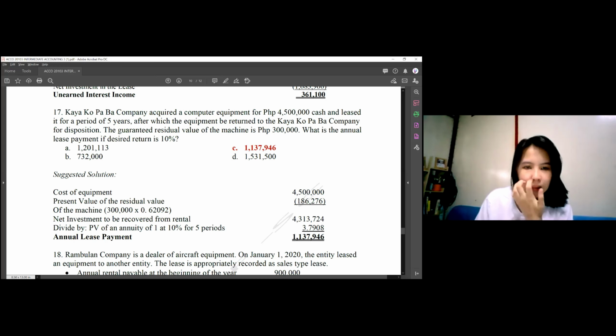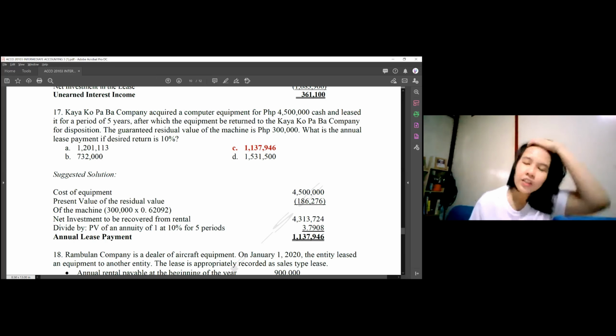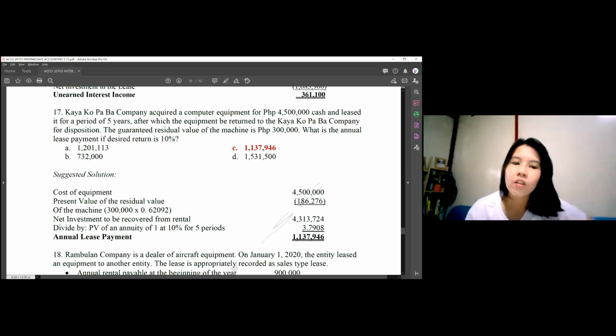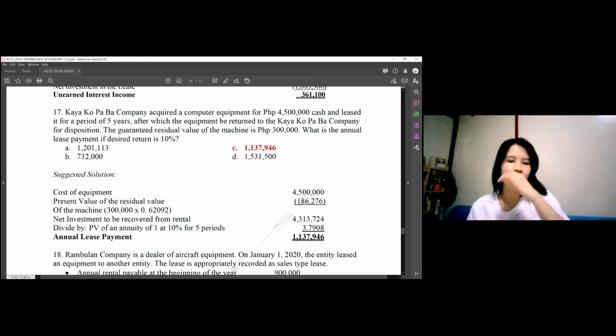In computing the present value factor, just input 1 minus 1.1 raised to the power of negative 5, then divide it by the interest again, 10%. So divide the answer by 10%. You'll get 3.7907876769.